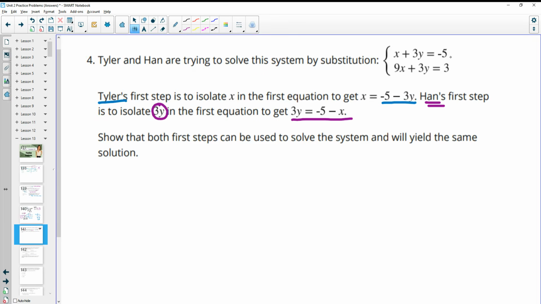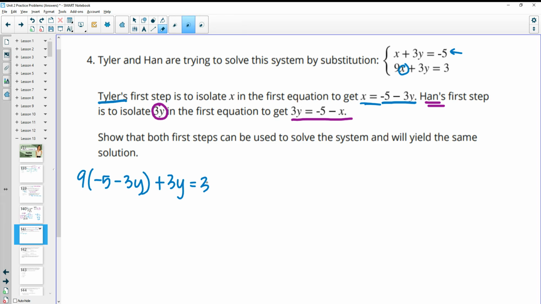So Tyler solved this first one for x, right? So now we're going to plug it in the bottom one for x. We're going to do 9 times his x value, which was negative 5 minus 3y, and then add 3y equals 3.